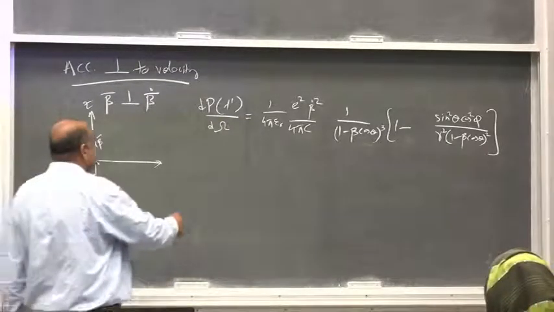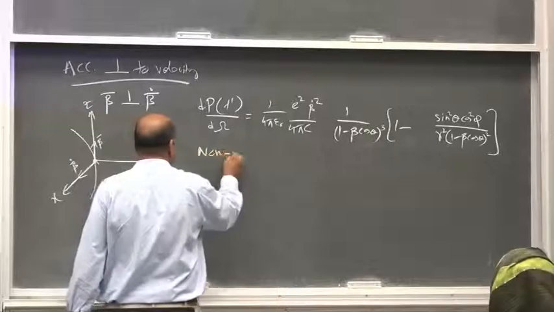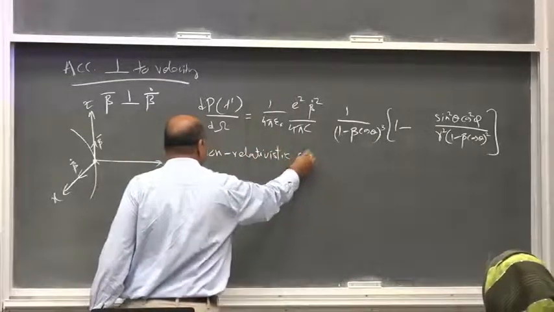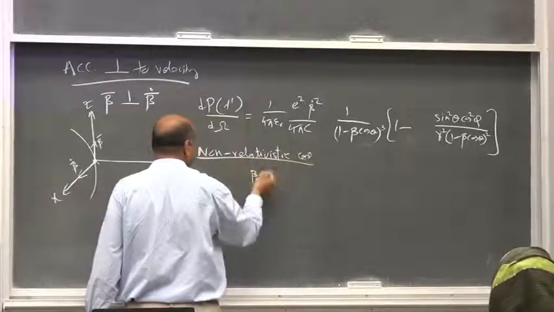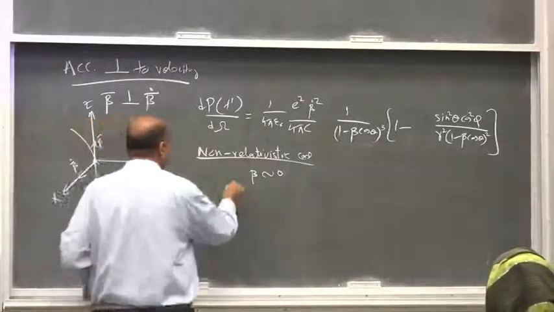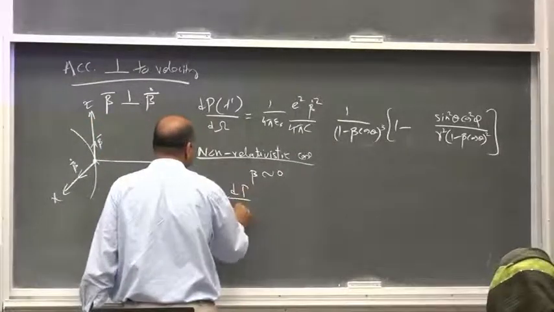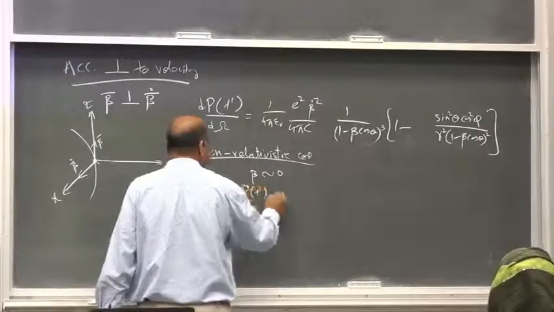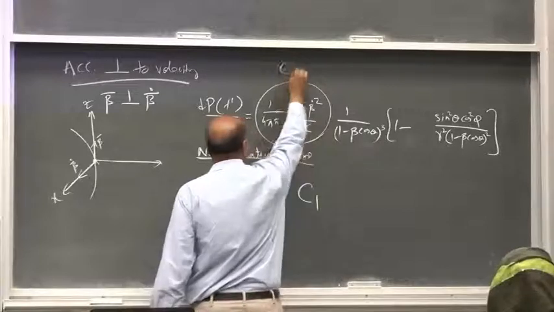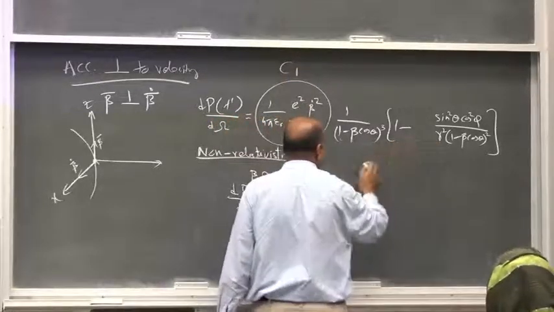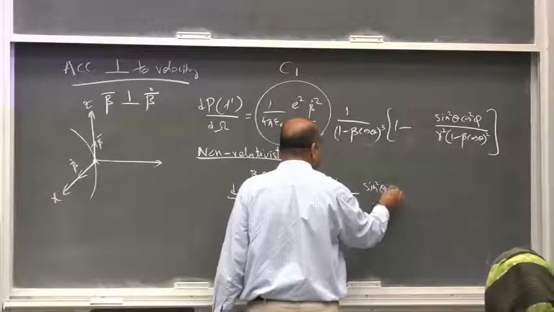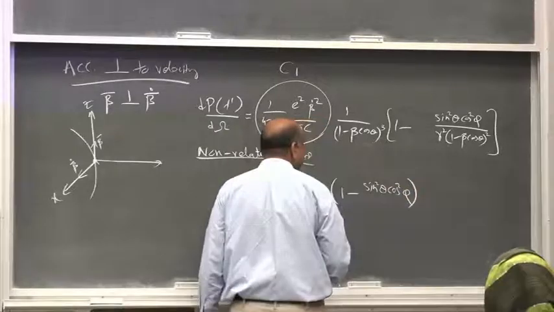So when we have a non-relativistic case, that is beta is small, it's roughly 0, then the radiation pattern is whatever this is, we call it the C1. Beta 0 कर दे, so you have 1 minus sine square theta cos sine square phi.